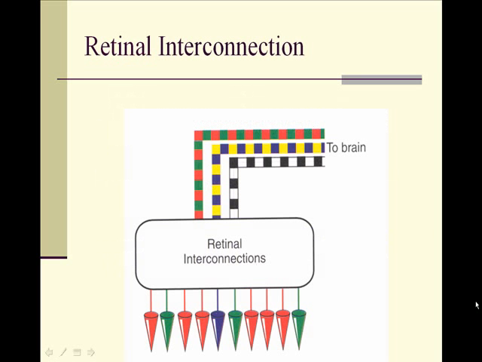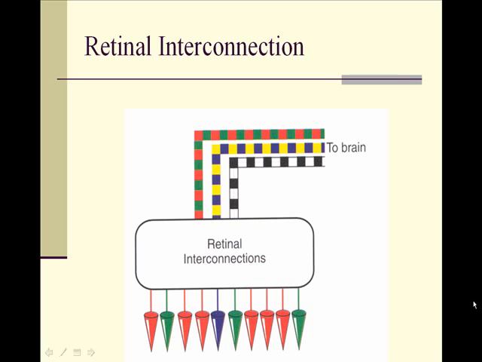But here's how those signals from our cones are converted into signals to our brains. We start out with red, green, and blue signals from our cones. They go through our retinal interconnections, and somehow, and scientists aren't sure how this happens, those red, green, and blue signals are converted to what we consider our opponent type system.